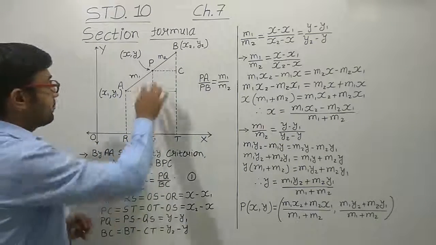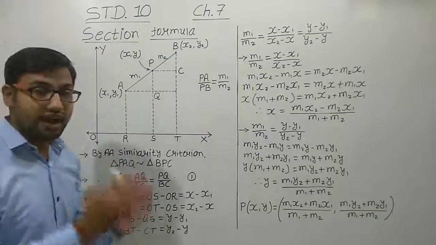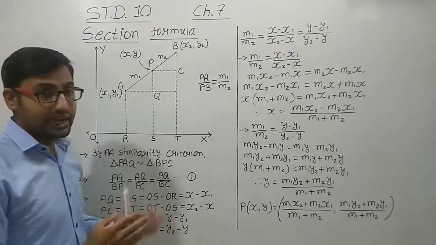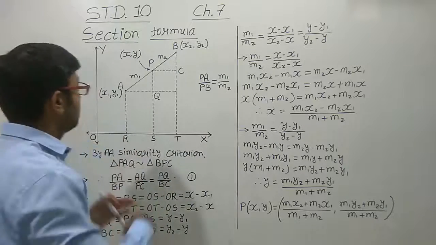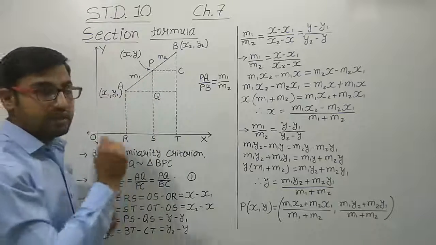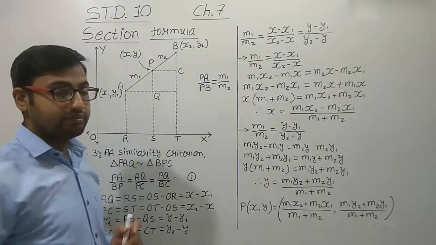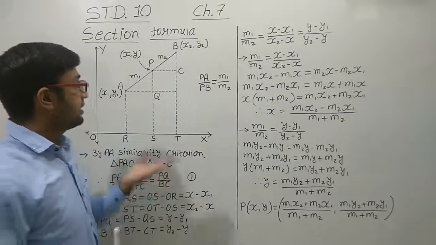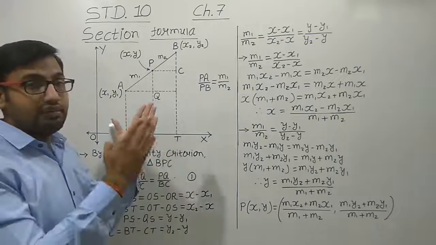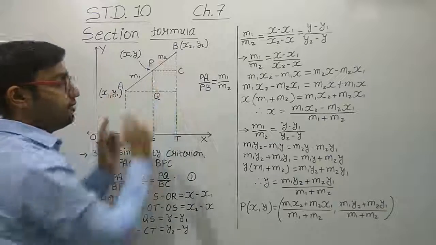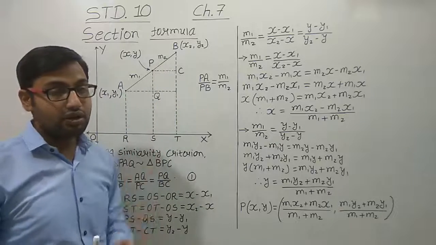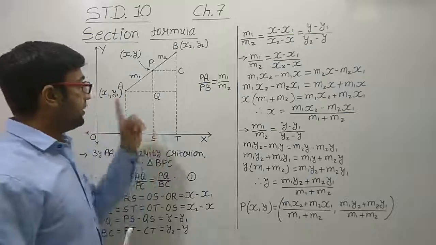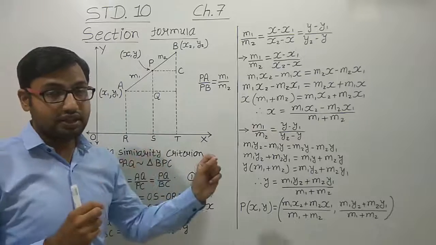Now this point P is dividing the straight line into two parts. One is AP, second one is PB. Now it is not necessary that the point P will be the midpoint of A and B. Now think about what will happen if P is the midpoint of AB.